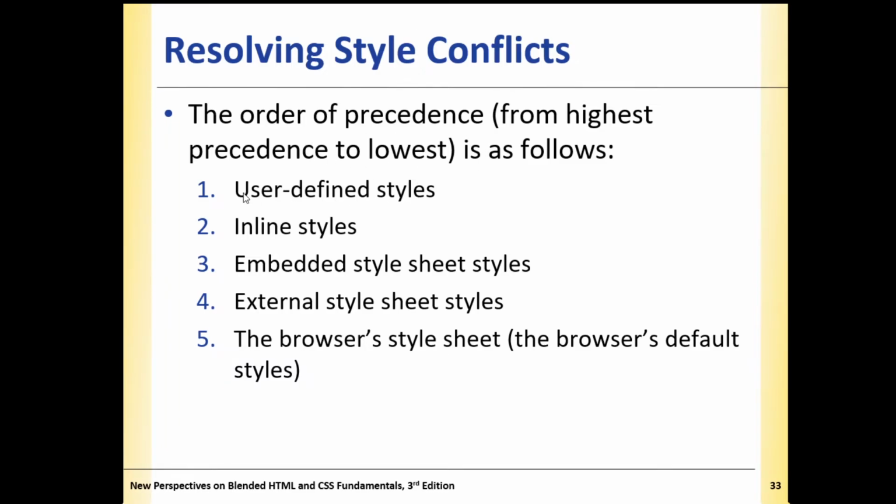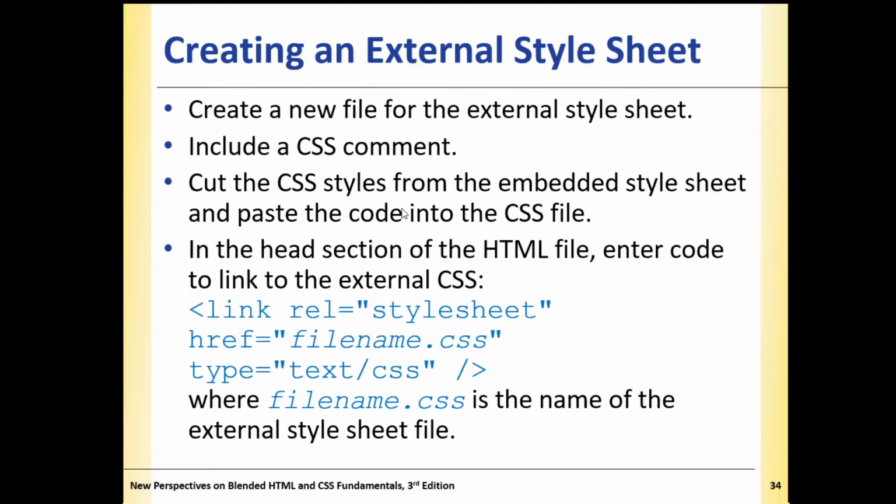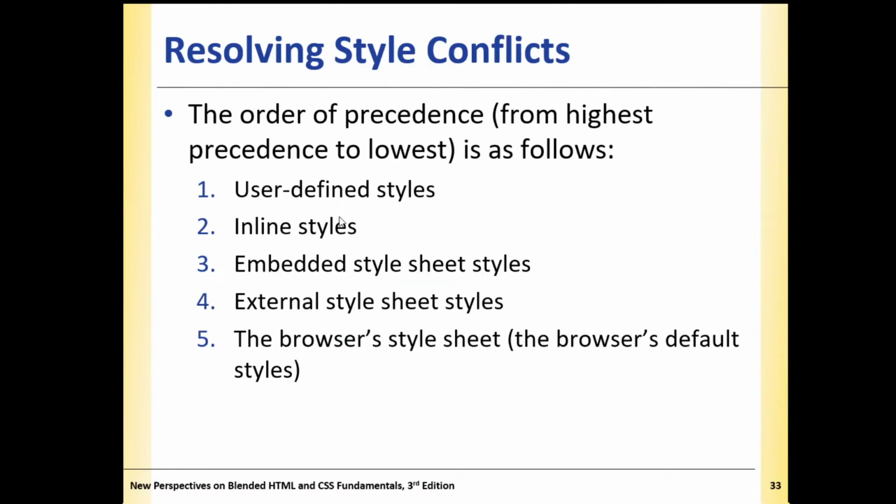A user-defined style has preference over an inline style. So a style that's contained in a tag overrides everything. Inline styles, which we talked about the first week we did CSS, inline styles that come in your HTML code have next priority. Embedded style sheets, which are in the head section of our page, have the next priority.